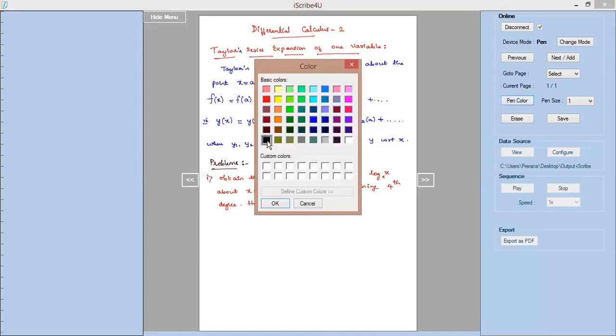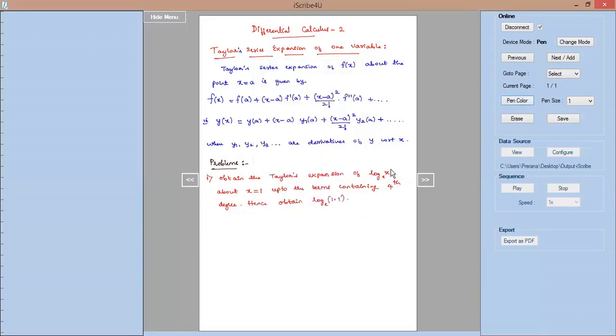So we need to find the Taylor series expansion of the function log x. Here we'll be considering y as a function of x as log x. It is to the base e, meaning natural logarithm. And we need to find the Taylor series expansion about the point x is equal to 1, until 4th degree terms.